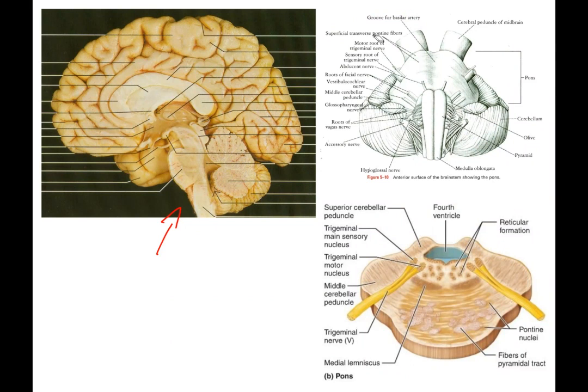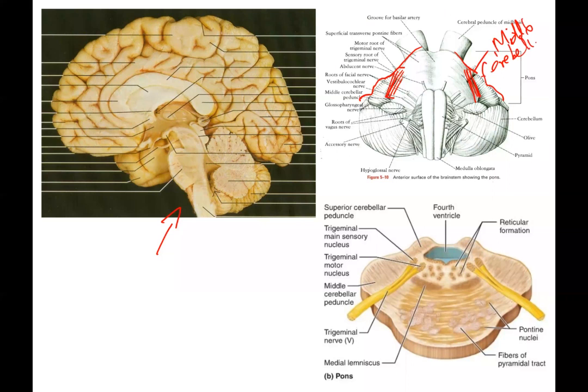Then another important thing: you see here the pons moves laterally like this. Can you see? You get the cerebellum here. This part of the pons connects the pons to the cerebellum behind, and this large area is the middle cerebellar peduncle.